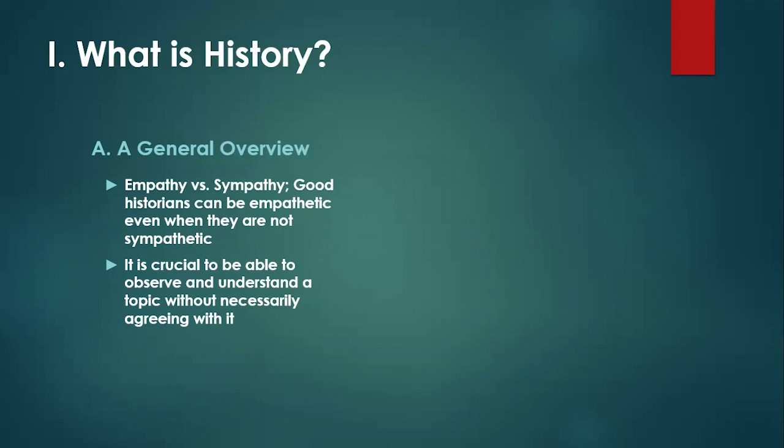Now, does that mean I agree with what Jackson did? Not at all. I find it despicable, okay? But I can still not allow my disagreement with Jackson there to interfere with my understanding of his policies and why he did what he did, or at least how he justified what he did. See what I mean? That's what we need to do as we're studying history.